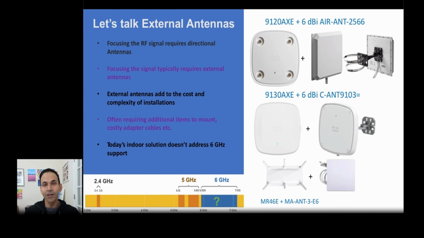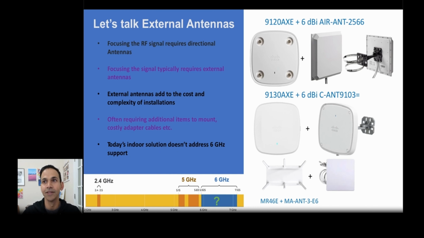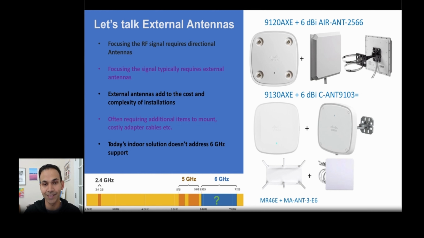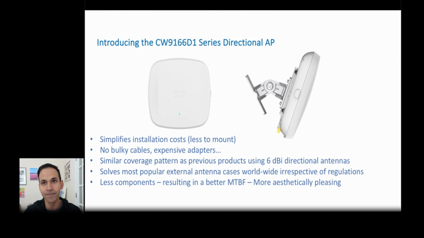The perfect way of designing in those areas would be choosing our 9120AXE with a 6 dBi antenna, the 9130AXE with 6 dBi, or the Meraki MR46E with antenna 3E6. So there were limited options out there.